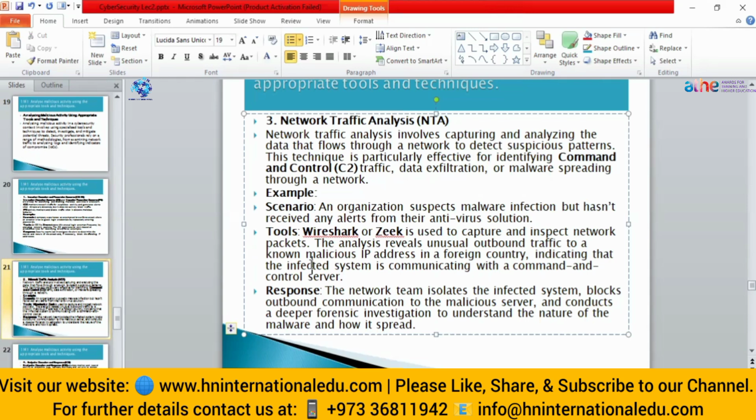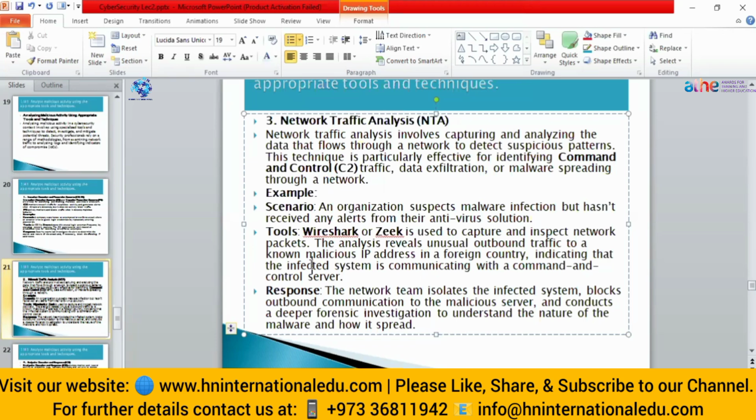In network traffic analysis, it will identify whether there is a suspicious pattern. Maybe within one minute, multiple users are trying to log in at the same time. So that can be a suspicious pattern. Then you might identify an IP address that is masked.